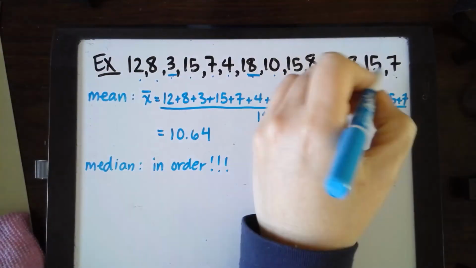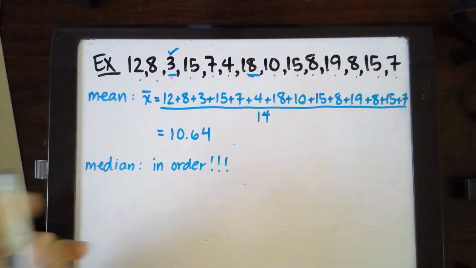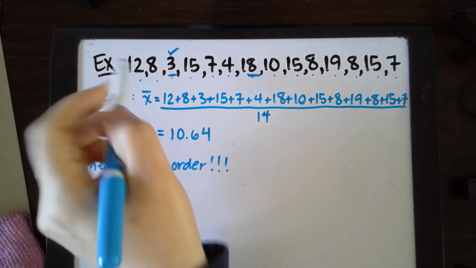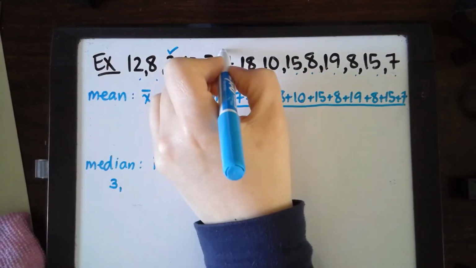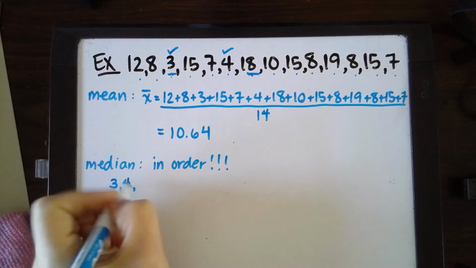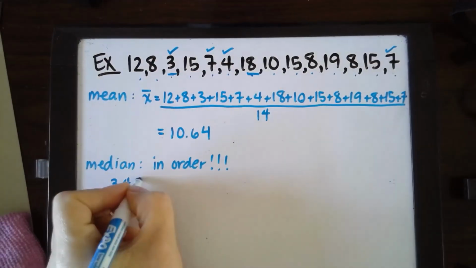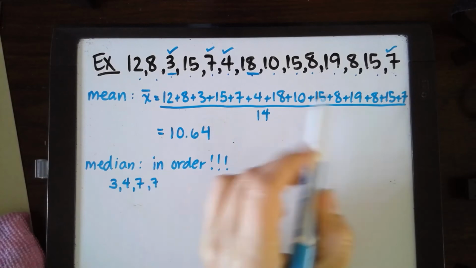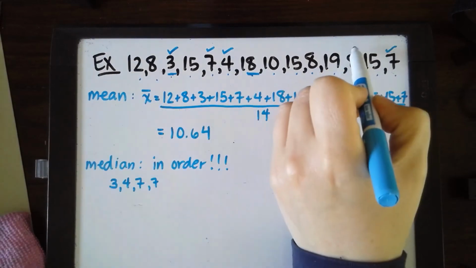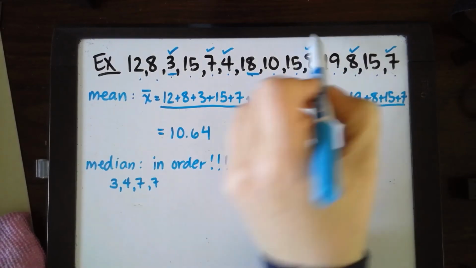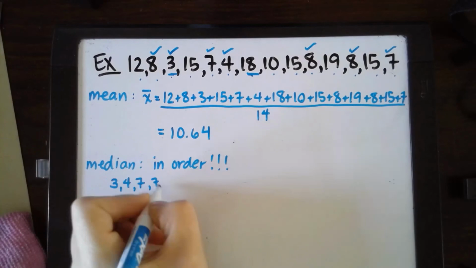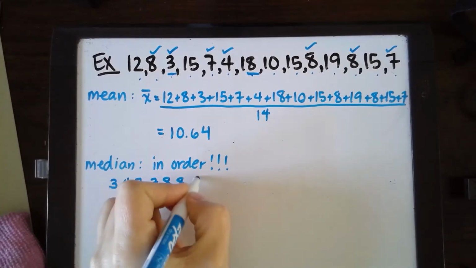The smallest number is 3, and our next smallest number is 4. Then we have 7, and we have 2 7s actually, so we want to make sure we have 2 7s on our list. We have 3 8s. Right, 8 shows up 3 times.